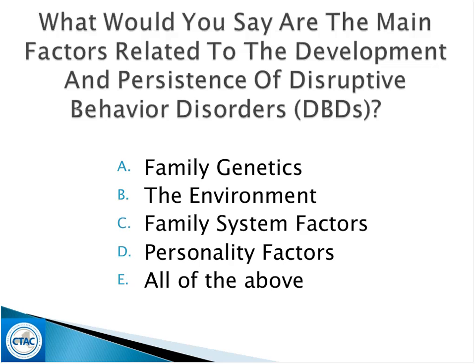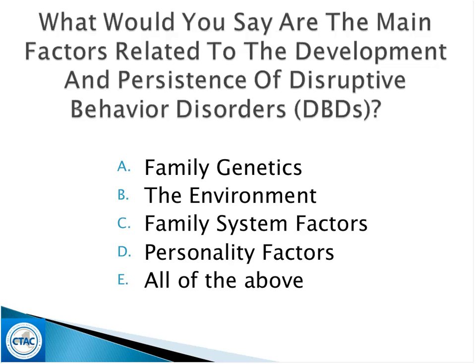Here we go. Okay, so about 70% of you said all of the above, and as you probably know, whenever there's an option for all of the above, it's usually the right answer. What we know is that all of these factors influence the development of DBDs: family genetics, environment, family systems, personality. These factors work independently, additively, meaning 1 + 1 = 2, and also interactively.